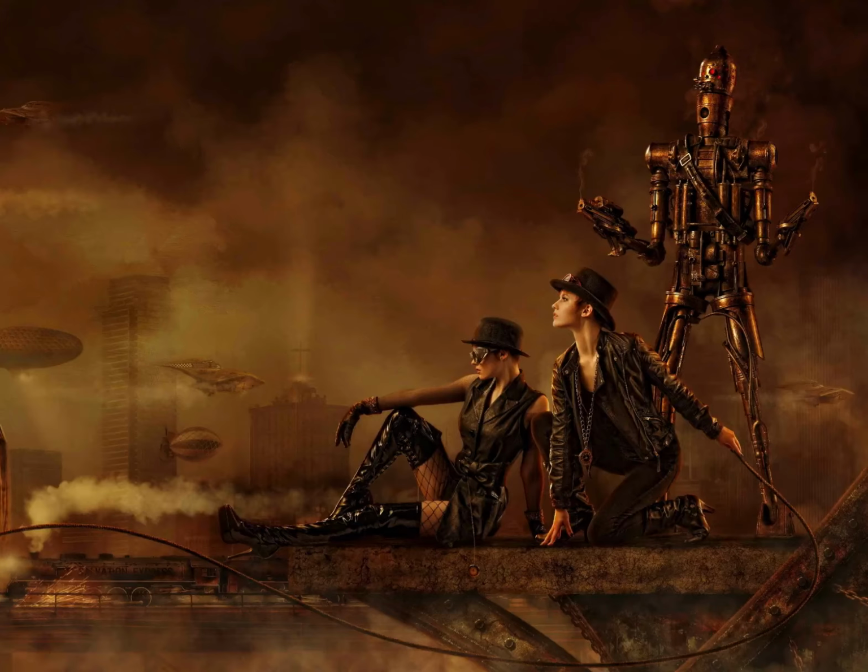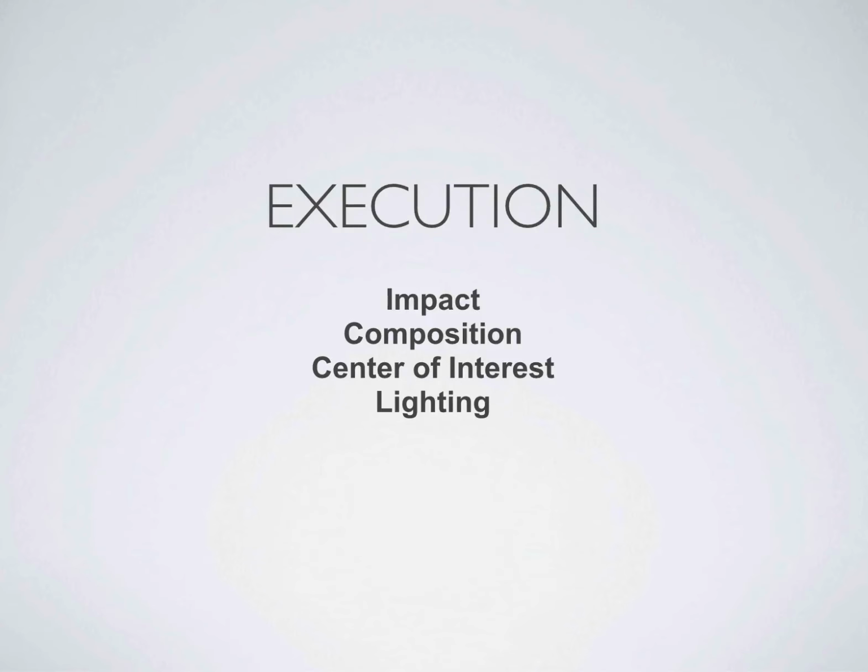So the next category we're going to go to is execution. Now, in execution, I put these elements: impact, composition, center of interest, and lighting. Impact could go in any one of these three subcategories that I broke this into.